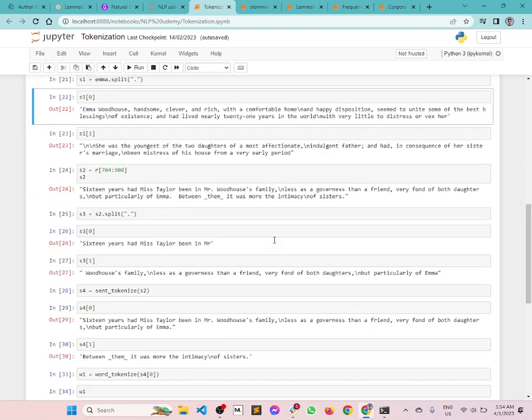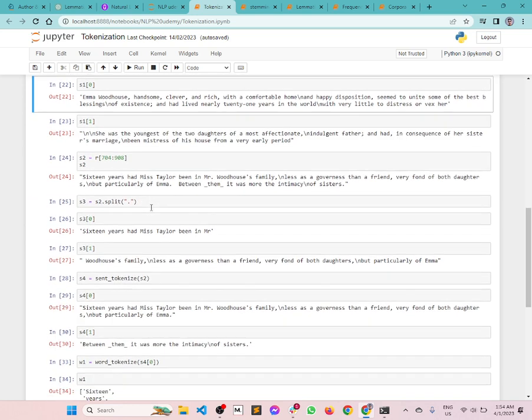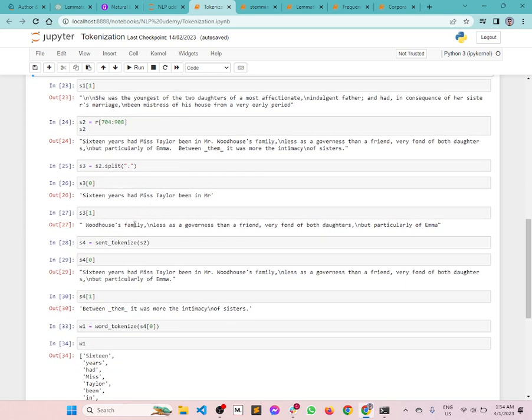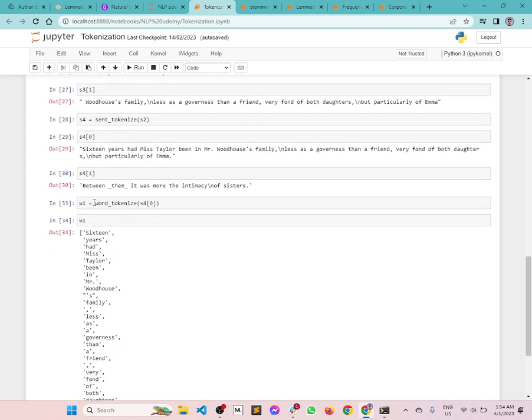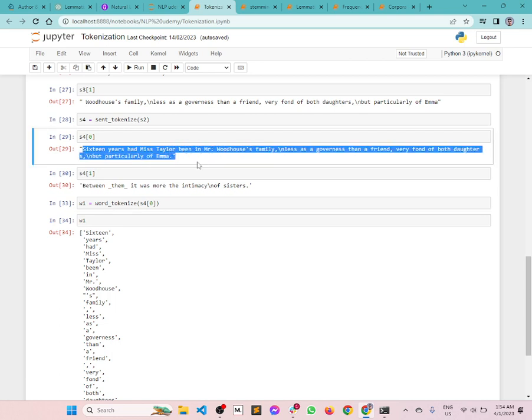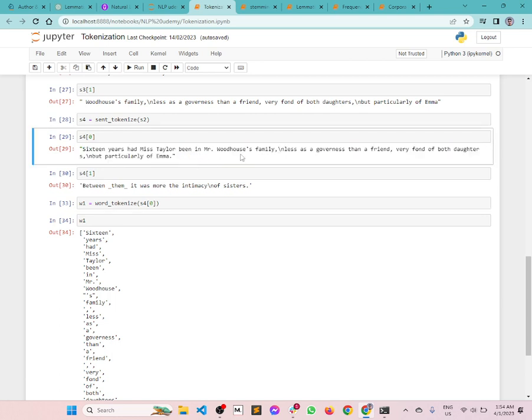So that is how we split the different sentences. Now if we move these sentences into particular words, then we use the word tokenizer for s[40]. Then it gives: "Sixteen years had Miss Taylor been in Mr. Woodhouse's family."